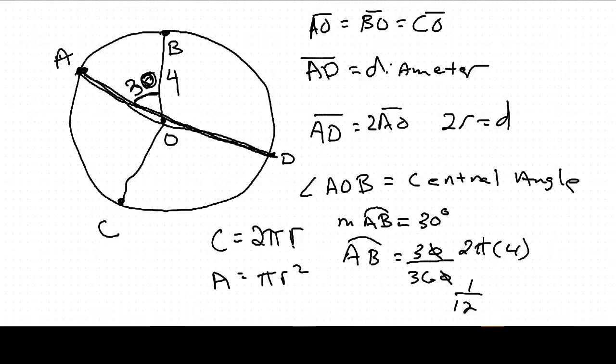You never use 3.14 anymore. You just leave pi the way that it is. So it'd just be 8 pi. And so this would be equal to 8 pi over 12, I can reduce that again. That goes down to 2, this goes down to 3, and so this would be 2 pi over 3. And that would be what the measure of the arc AB would be.